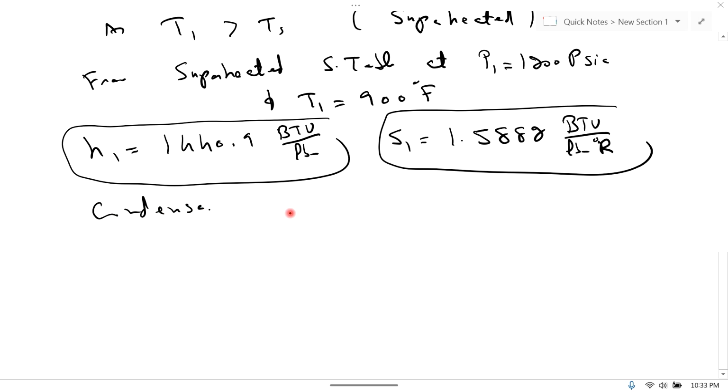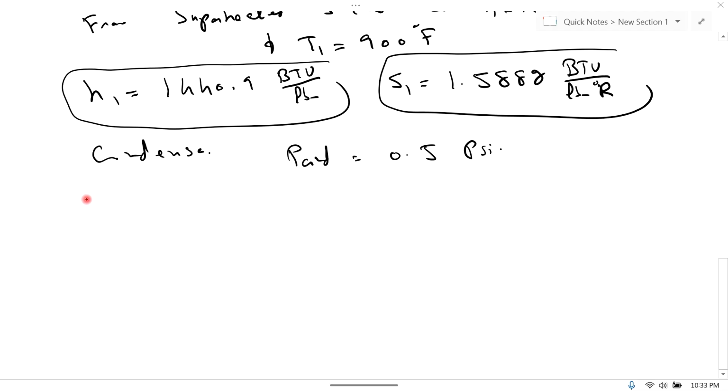Now for the condenser, we know that the pressure of the condenser is equal to 0.5 psia. So here we can find the Hf and Hg for the condenser.